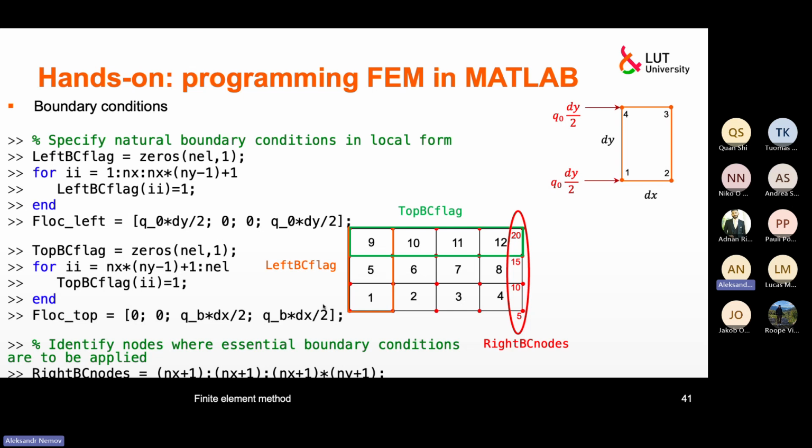Those are just my internal variables, a flag that for this element I need to apply this boundary condition, and for this element I need to apply this, and for the element in the corner I obviously need to apply both from here and from here. So those are just my flags to identify the geometry location of elements.